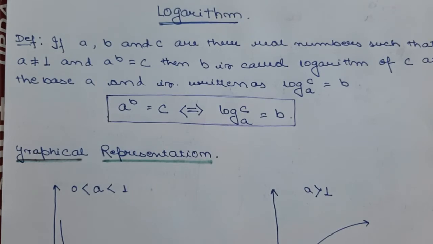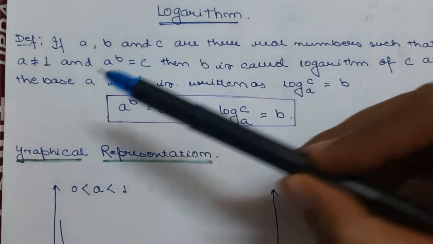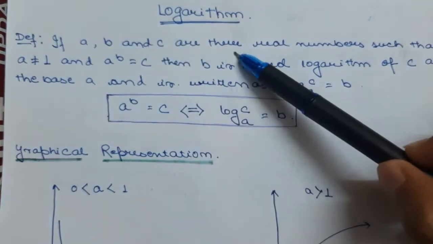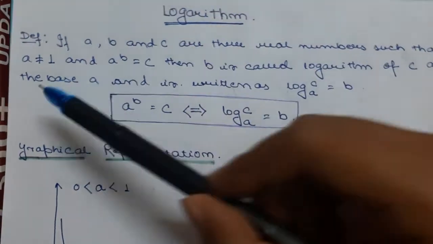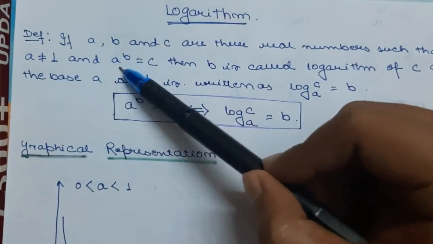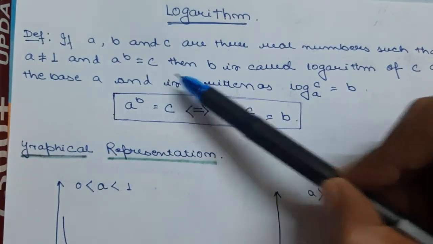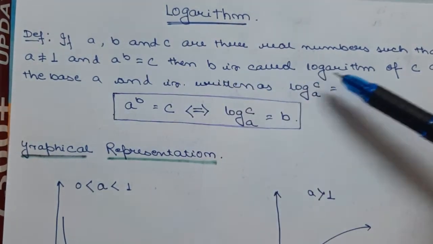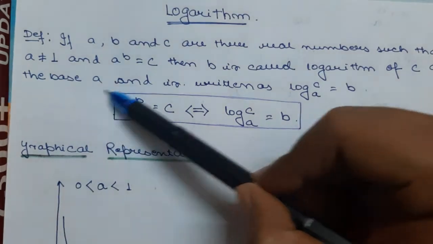First, let us understand the formal definition of logarithm. If a, b, c are three real numbers such that a is not equal to 1 and a to the power b equals c, then b is called the logarithm of c at the base a.